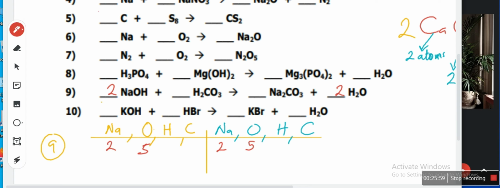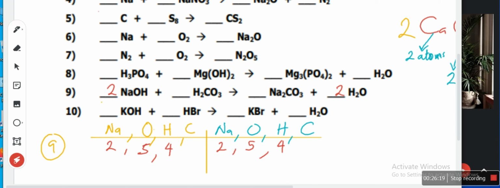So in the reactant side we have 4 hydrogen. Let's check the product side. Product side is altogether 4 because 2 times 2 will give us 4. So product side is 4. We have 4. It looks like hydrogen is also balanced.